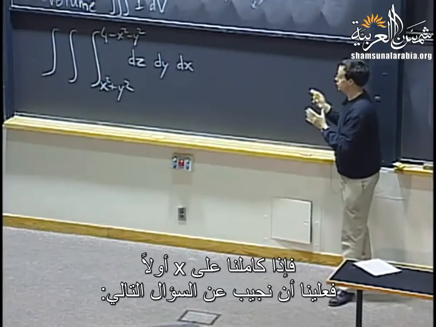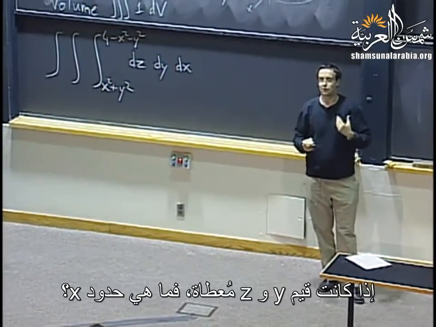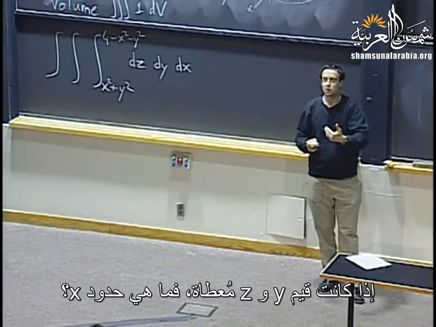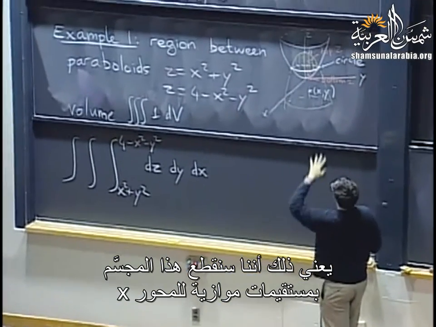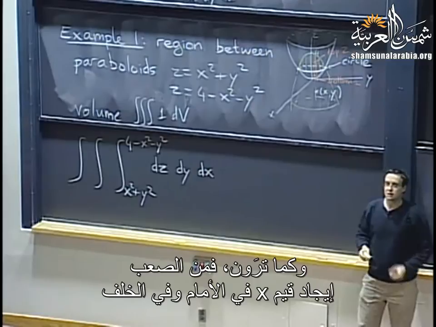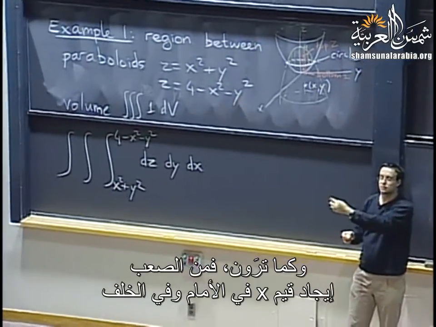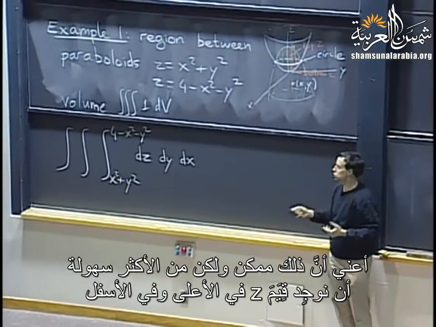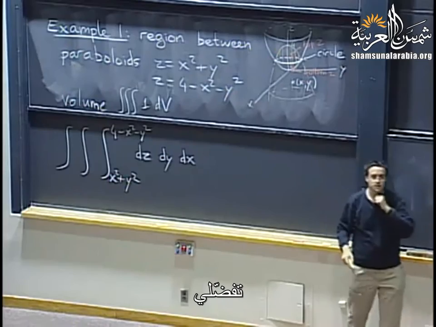So if I integrate over x first, I have to answer the following question: given values of y and z, what are the bounds for x? That would mean I'm slicing my solid by lines parallel to the x-axis, and it's kind of hard to find the values of x at the front and at the back. It's possible, but it's easier to first look for z at the top and bottom.